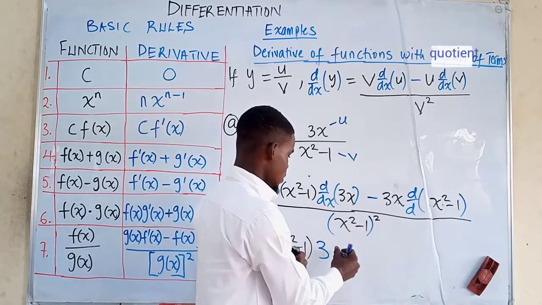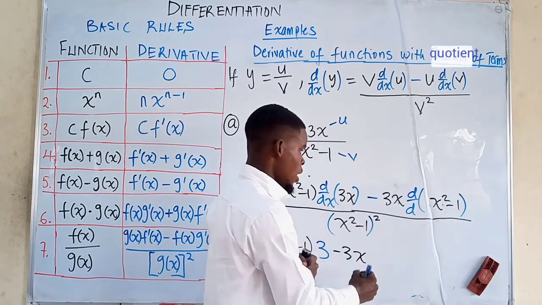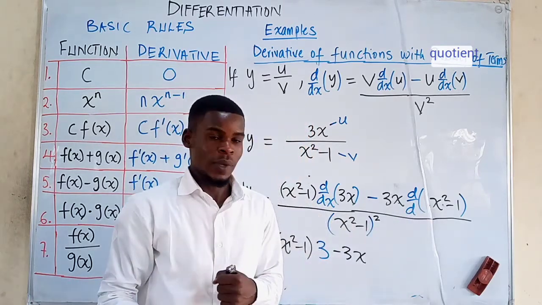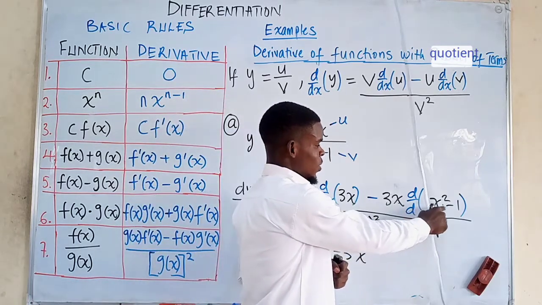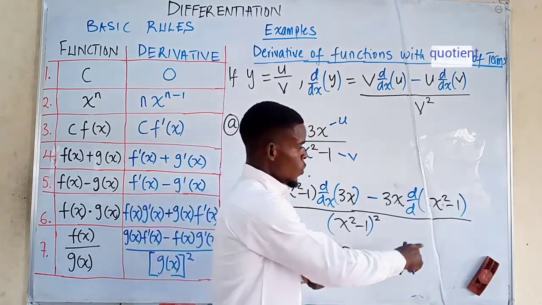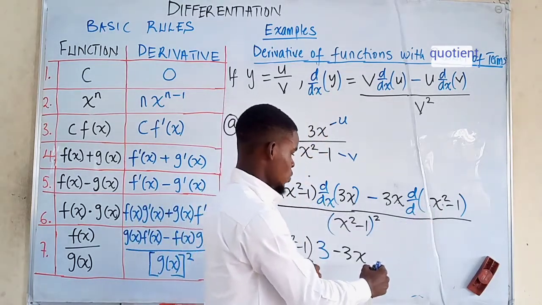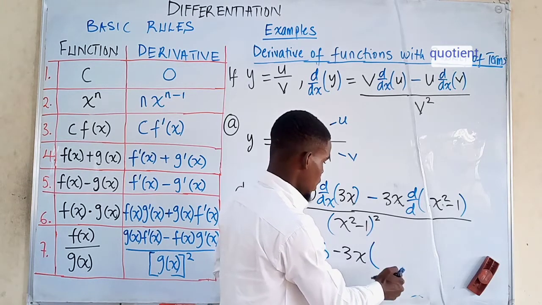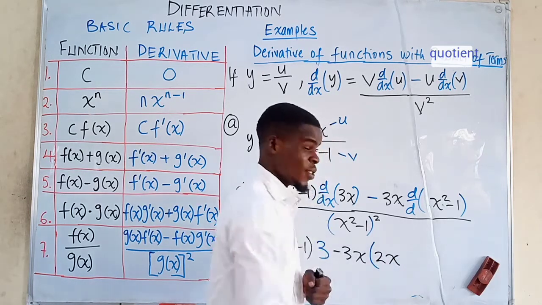Then we say minus, we put down the 3x, and again we differentiate the denominator. The derivative of x squared minus 1: when we differentiate x squared, we enter with 2x, just by using the power rule.